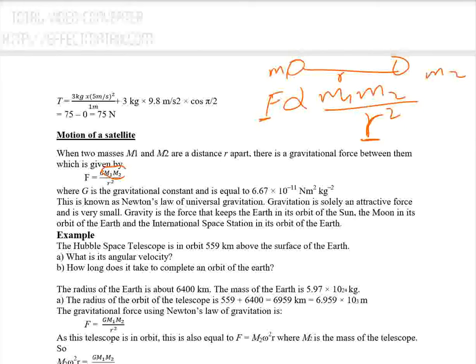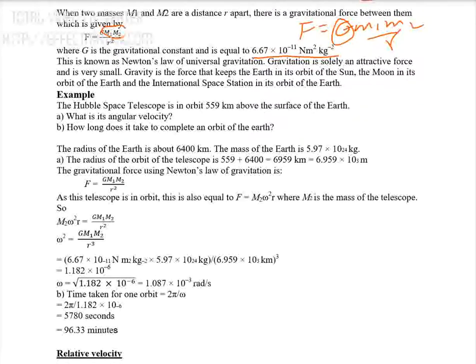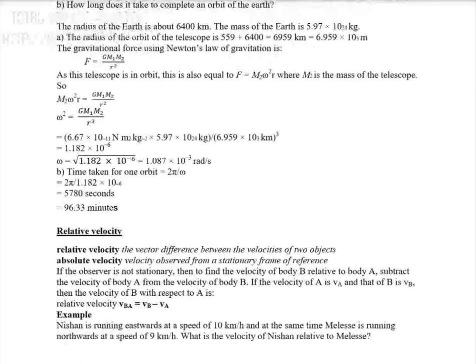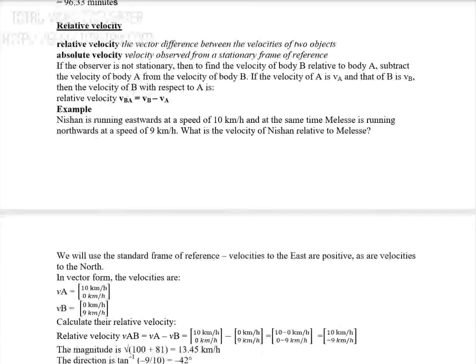Therefore, you can replace the proportionality with one constant, that is F is equal to G times m1 m2 over what? r squared. This G is the proportionality constant, which is called the gravitational constant, and given by this value. There is one example. This example is already done. Therefore, see by yourself. Let us see the final point, relative velocity.